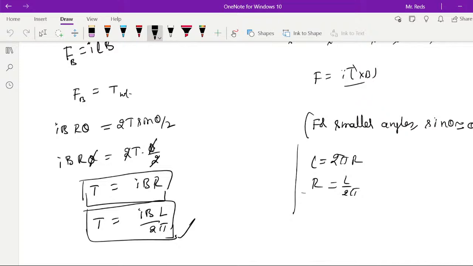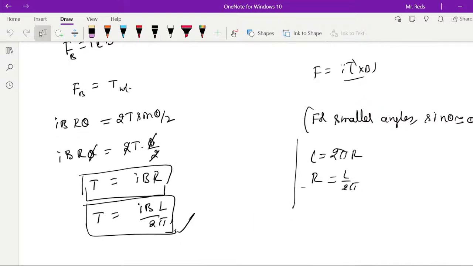Now I would like to discuss briefly one of the previous year's questions, that is given in level 2 exercise 2. You see here, page number 116.